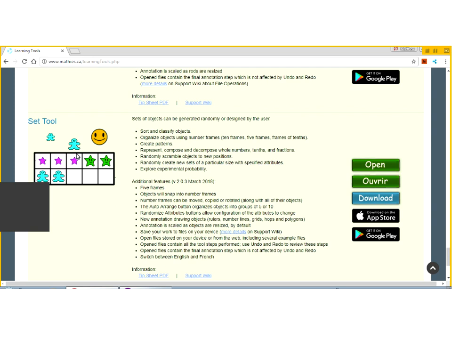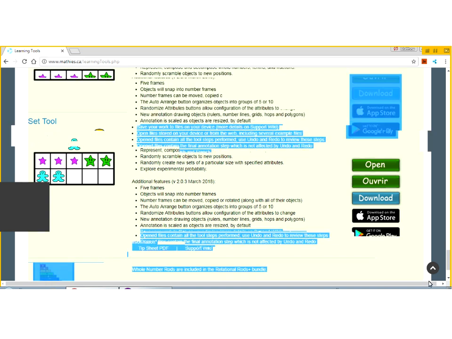So just in the 10th frame here, 3 out of 7 are stars, but 2 out of 7, sorry, are purple stars. 2 out of 7 are green stars. But there's a 3 to 2 to 2 ratio of all of them, and that's the sort of thinking that needs to come in as our students go through the grades. So the more part-to-part thinking, and I have a slide about that coming up.